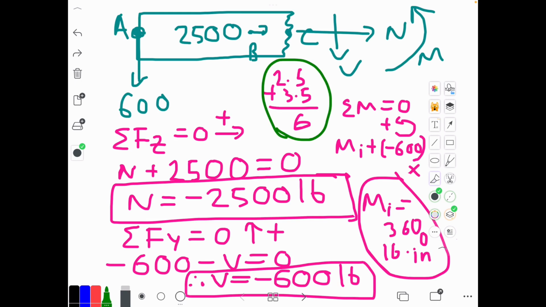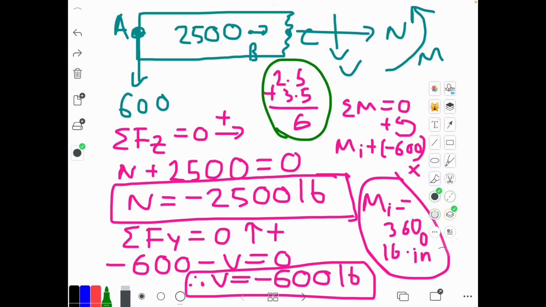Always, always, and always, when you're cutting through this material, the moment that you have goes from the bottom all the way to the top. So here, this is why our moment is counterclockwise. If I had cut this from the left and had the right side as my object, then our moment would be clockwise.